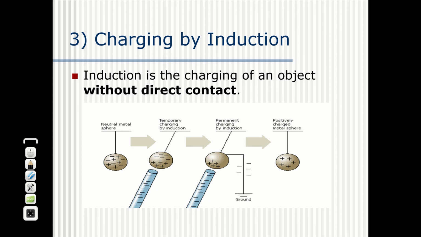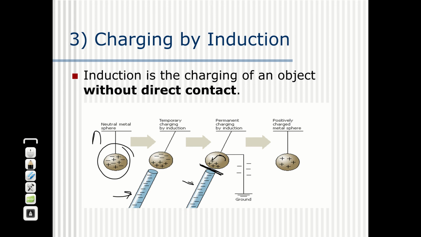So in my picture down here, this is a neutral object. I'm just going to write an N next to it. It's neutral. I bring up a charged object. What happens is that I don't touch it. There's space here. But it will repel all of the other charge basically to the other side. It'll either repel the electrons or attract the electrons.